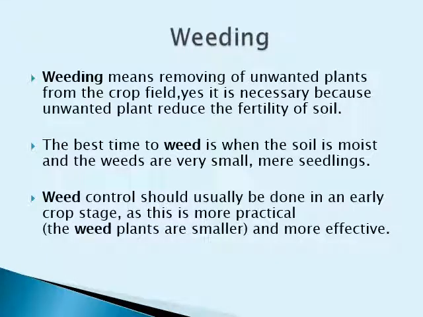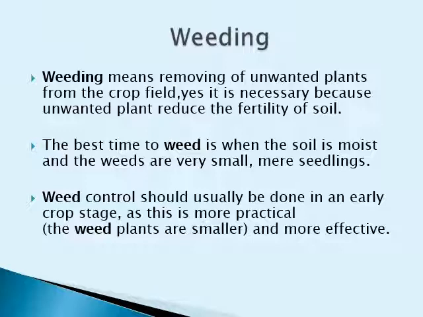Now, children, what is weeding? Weeding means removal of unwanted plants from the crop field. And why is it important? Because unwanted plants reduce the fertility of soil. The best time to remove weeds is when the soil is moist and the weeds are very small, in the seedling stage.